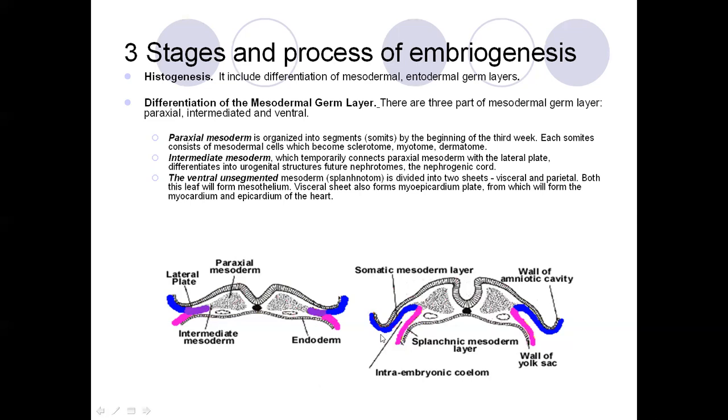These cavities will be lined by mesothelium. Mesothelium was formed by visceral and parietal unsegmented mesoderm.